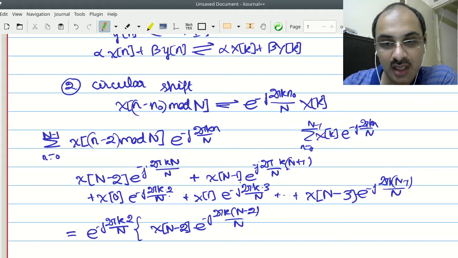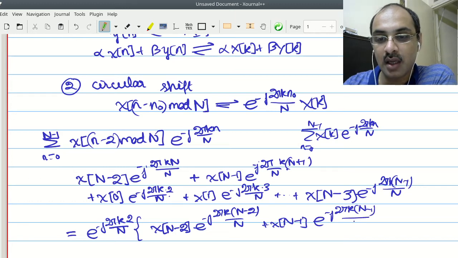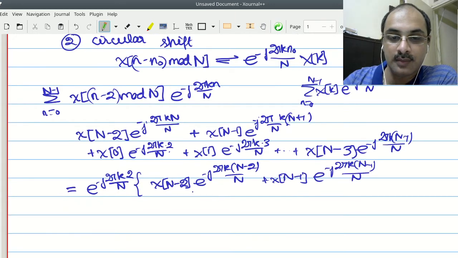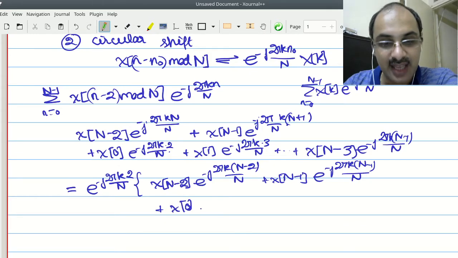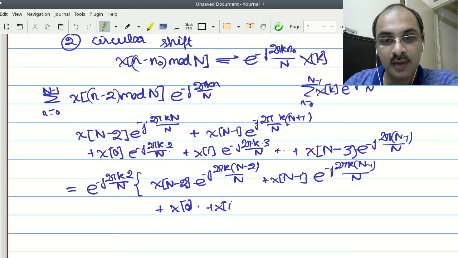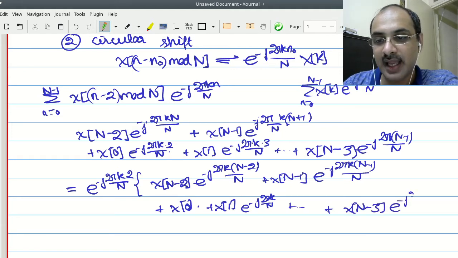So over here, if I now start taking that term out, I'll get plus x n minus 1, I take 2 away from here, e power minus j 2 pi k n minus 1 upon n, plus the third term is x0, e power minus j 2 pi k 2 by n is exactly what was taken out, plus x1, e power minus j 2 pi k upon n, and so on, and the last term is x n minus 3 e power minus j 2 pi k n minus 3 upon n.